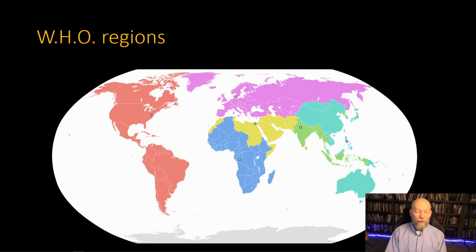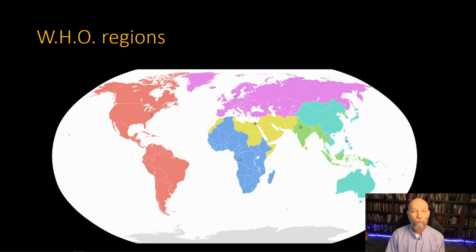Now, our independent variable is region. And I just want to take advantage of this moment to say you should always think whenever you're doing any analysis about the variables being involved and think, do I think this variable is well constructed? Because if it's not, running analysis is probably not a great idea. Here you have a color-coded map that shows the different regions according to the World Health Organization.